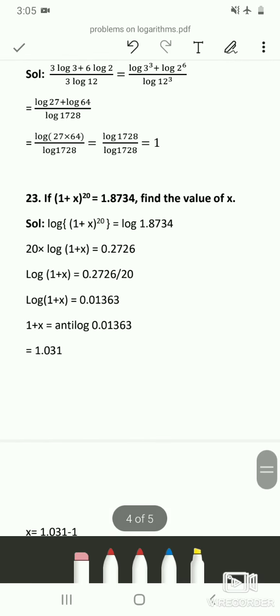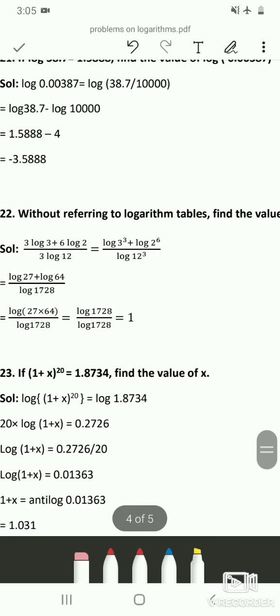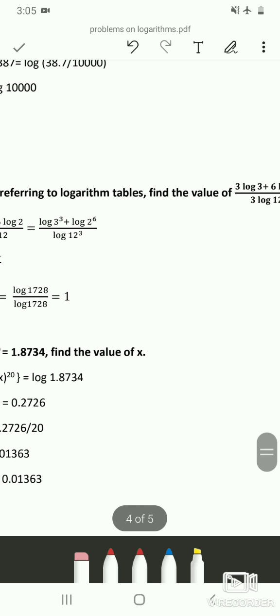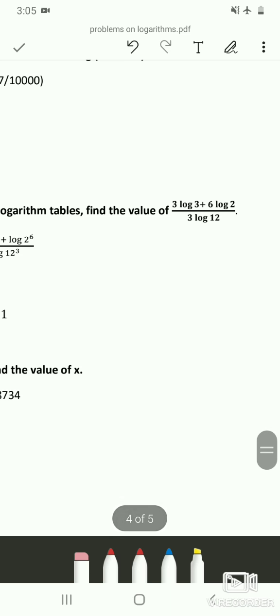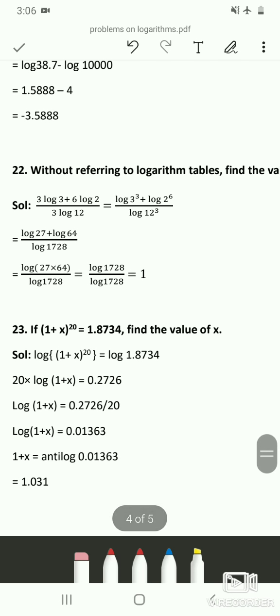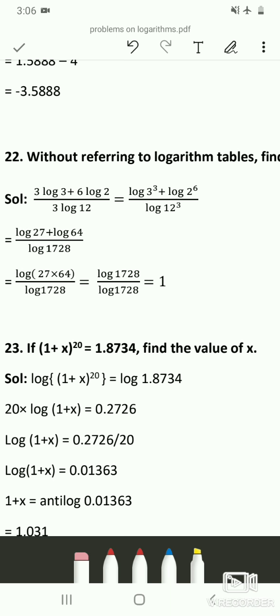So here are another set of examples. So the question is, without referring to logarithm tables, find the value of 3 into log 3 plus 6 into log 2 whole divided by 3 into log 12. So in the first step, this term can be written as log of 3 cube.